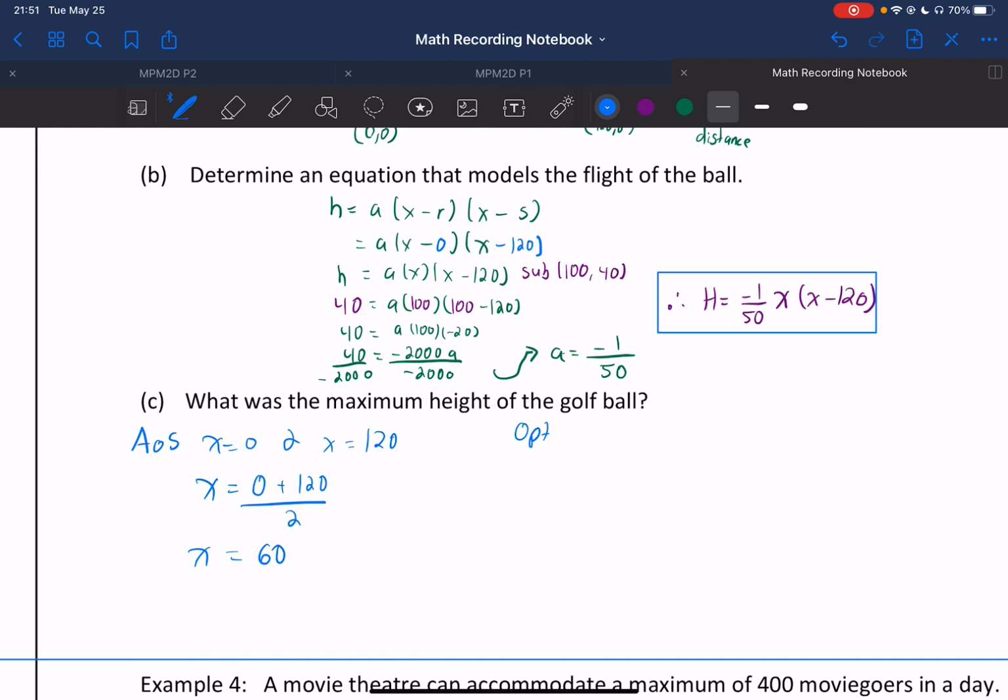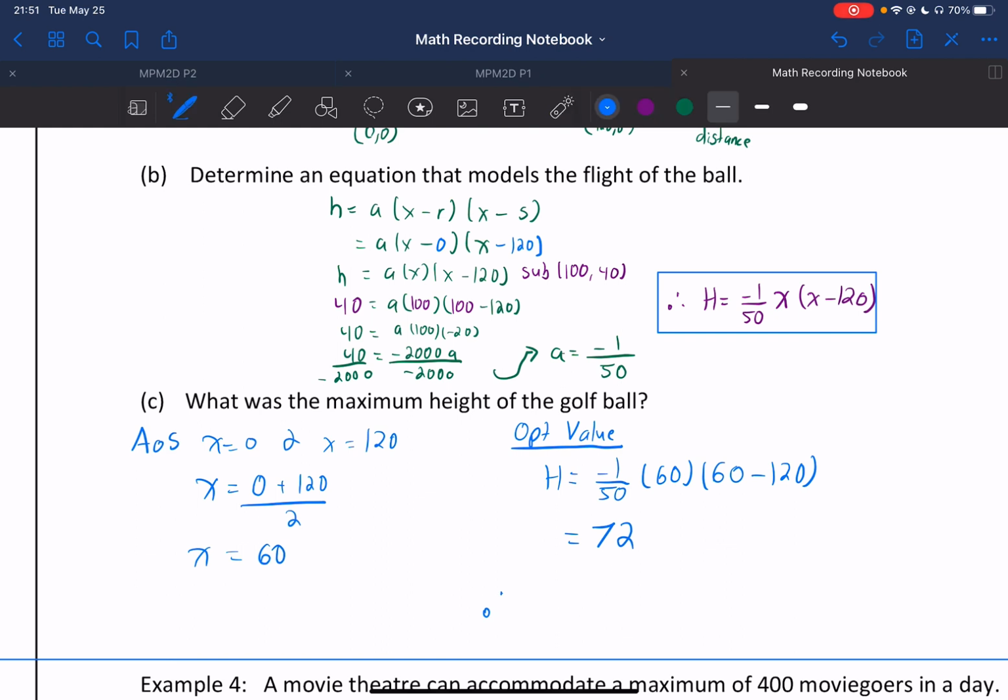Now we're going to take that x and go find the optimum value. So we're subbing that x value into our equation. h equals negative 1 over 50 times 60 times (60 minus 120). And that gives us 72. This number right here, this 72, is our maximum height of the golf ball.